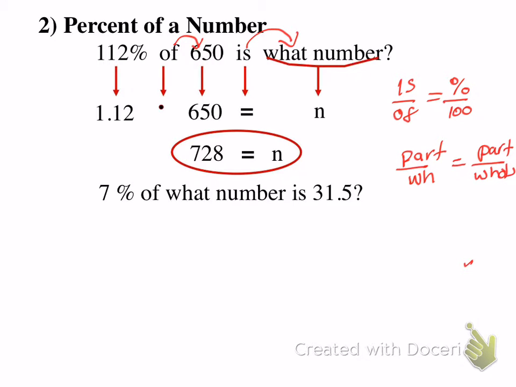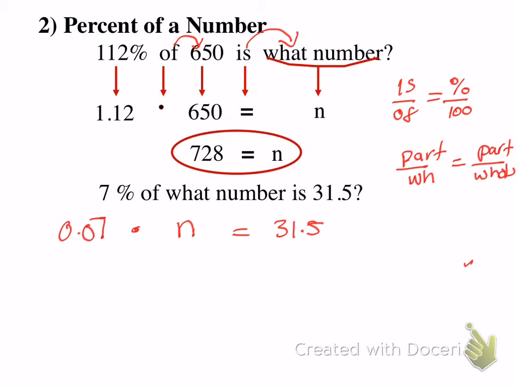I just like translating. So for the next one, how am I translating this? How about Josh? So you write 0.07 times x or n equals 31 and 3.